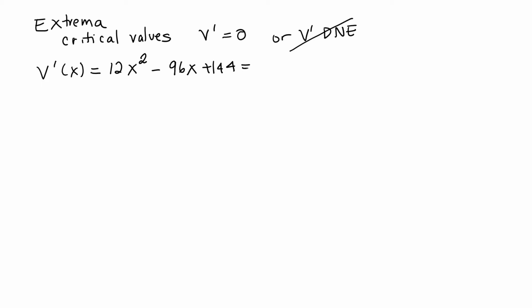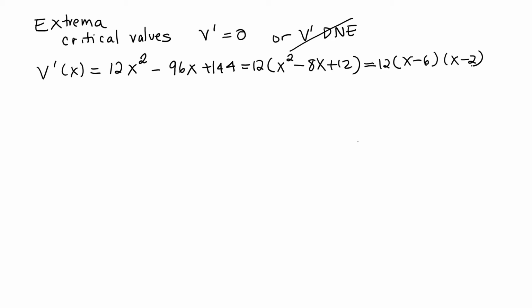Let's factor here. If I factor out a 12, I get x squared minus 8x plus 12. And we'll factor the quadratic. That gives me 12 times x minus the factors of 12 whose sum or difference will give me 8, is 6 and 2.